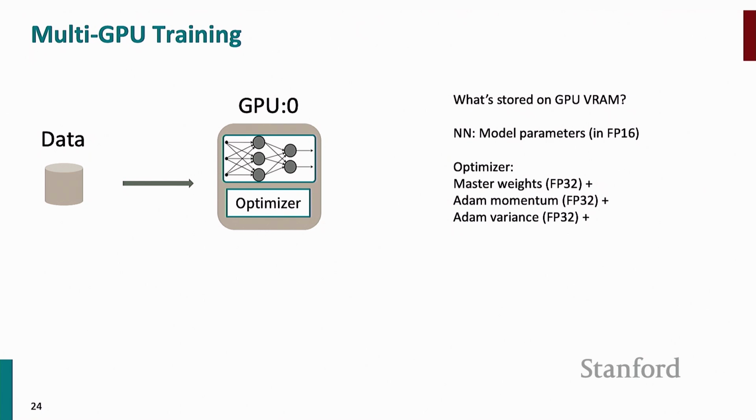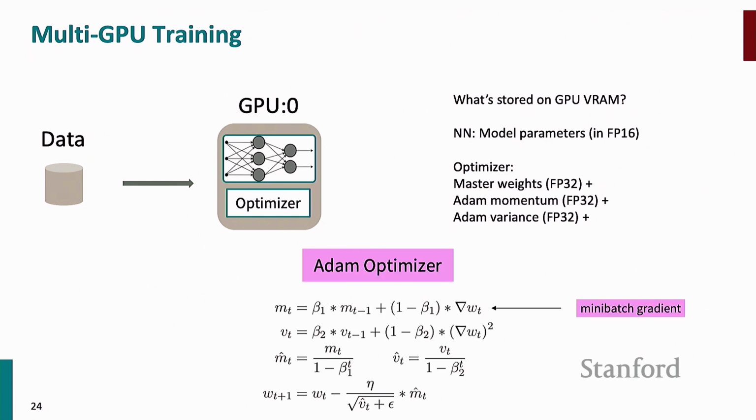If you're using something like Adam, then you need to store the Adam momentum term and the Adam variance. And every time you get a gradient, you have to update the Adam momentum and variance. And that's what you use for updating your parameters. And because you're using mixed precision training, these have to be represented in FP32. Okay.